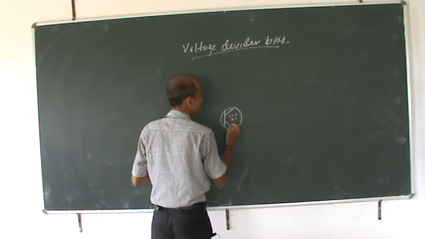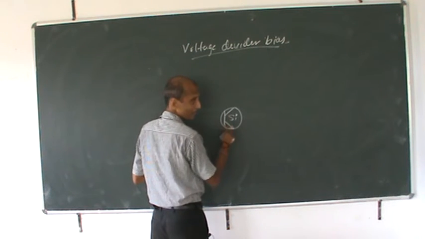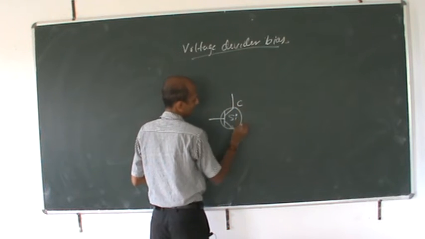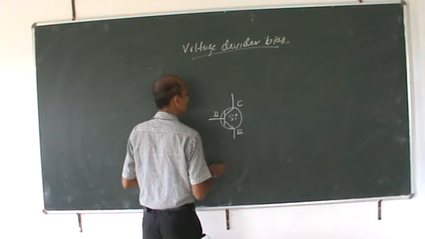We have taken a silicon transistor which is NPN type, isn't it? So we have the terminals: collector, base and emitter.